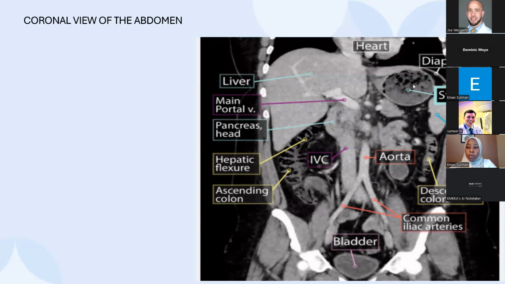Here we have the stomach. Here is the ascending colon, as we said, and this is the hepatic flexure. And on the left side, we have the splenic flexure and the descending colon. And here the aorta bifurcates at the level of L4 into right and left common iliac arteries.